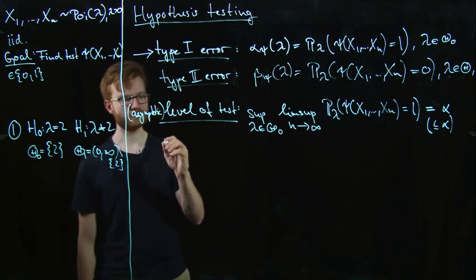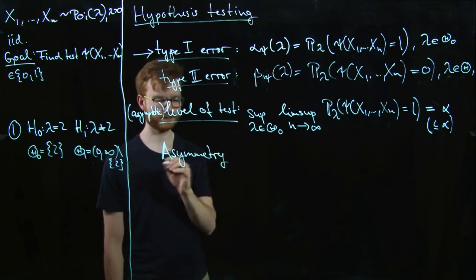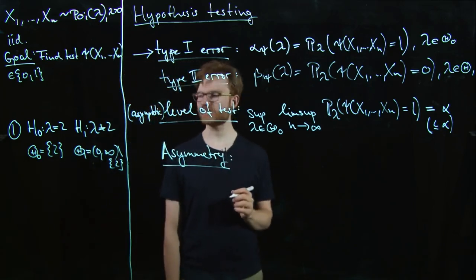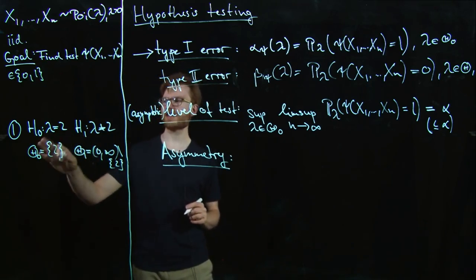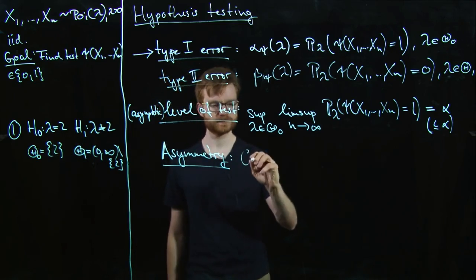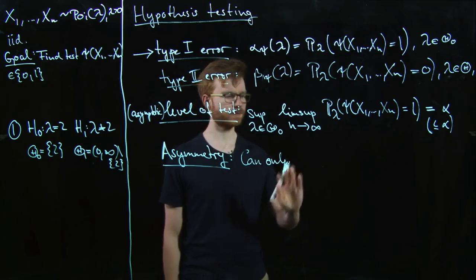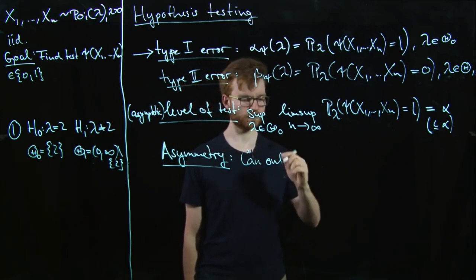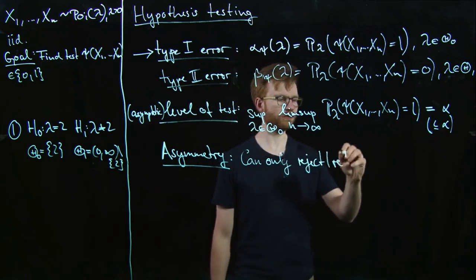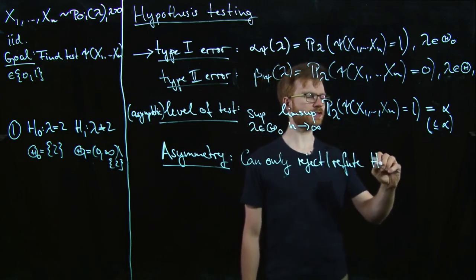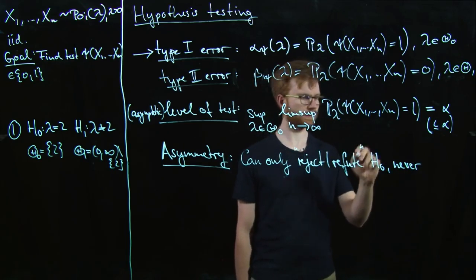OK, and let me briefly write down what I said before, namely that there is an asymmetry here. Although we often say we accept or reject the null hypothesis, we can only really ever reject or refute H0, never accept.